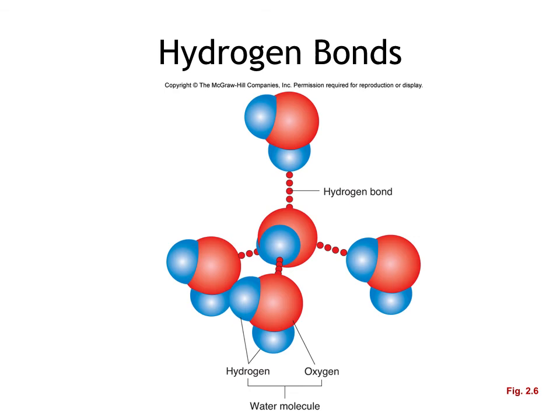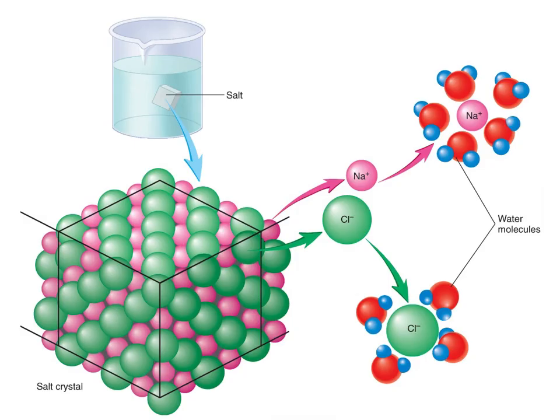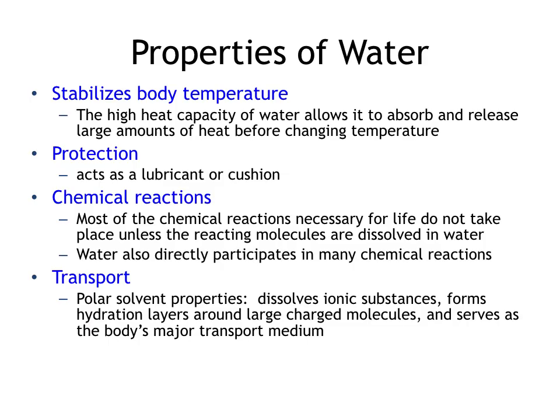So water is very stable at its temperature. It remains a liquid. Water also is a very good solvent because it's partially negative and partially positive, partially ionic and partially covalent. So water has these unusual properties. It's a good solvent, it has stable temperature, and it can participate in lots of interesting things.